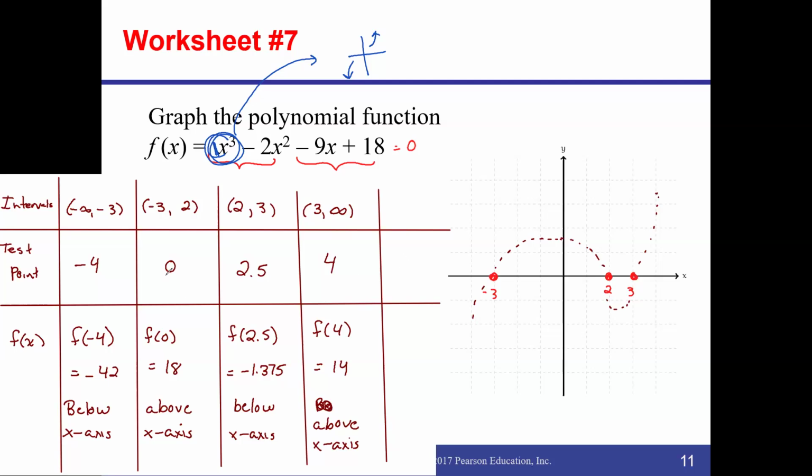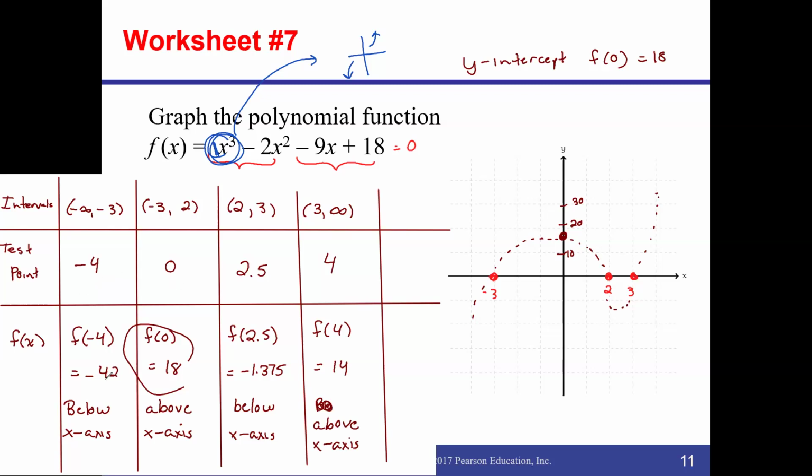Okay. So some important points that we need to put on here. So right now we actually have my y-intercept, because y-intercept is when f is 0, which we have right here. So we know that'd be 18. So let's scale that, like this is 10, 20, 30. So 18 would be right about here. Then we have a few other points to kind of help us with some things.